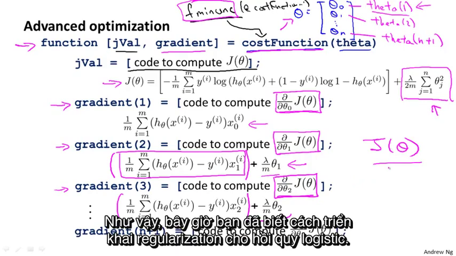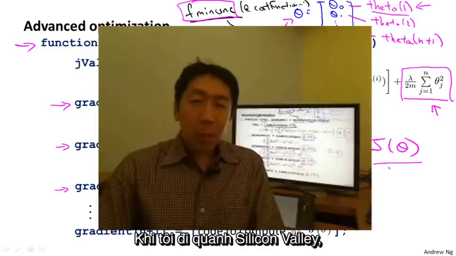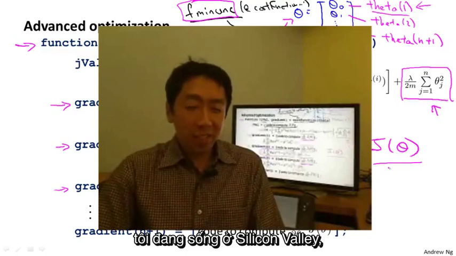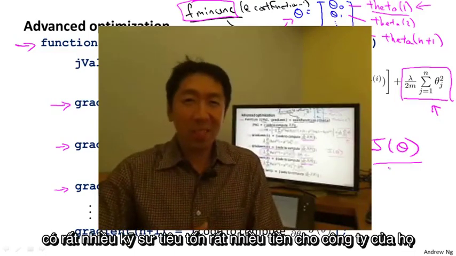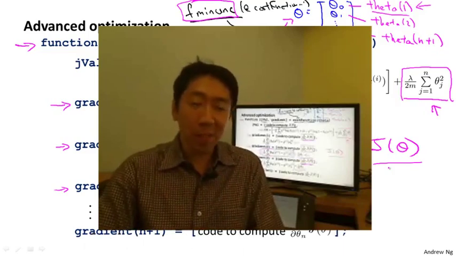So now you know how to implement regularized logistic regression. When I walk around Silicon Valley, where I live, there are a lot of engineers that are frankly making a ton of money for their companies using machine learning algorithms.